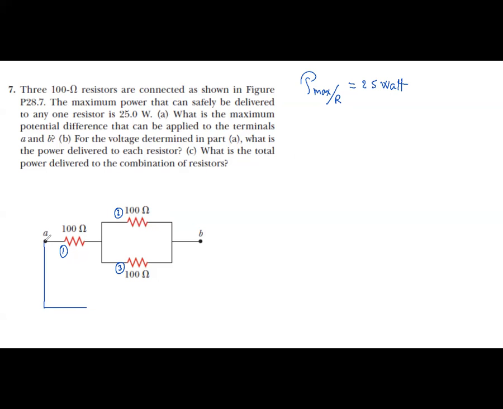I have to find the maximum potential that can be applied here. Let's say delta V max. I want the value between A and B. Here, delta V max will deliver I max.